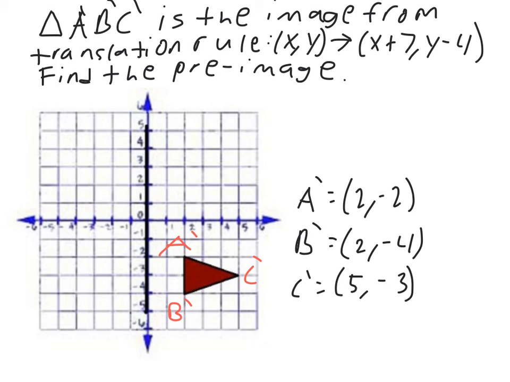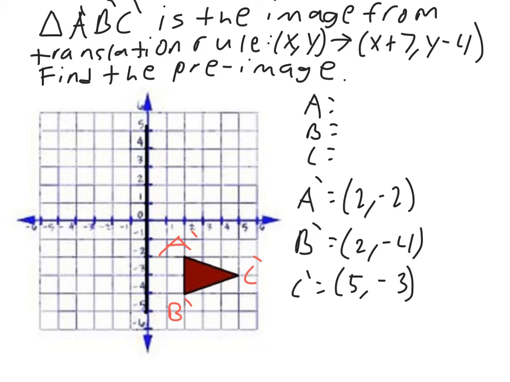So using that and the translation rule, we want to find what the original preimage was. So we want to find what was A, what was B, and what was C. So the translation was to add 7 from the preimage, the x-coordinate, to get the image.